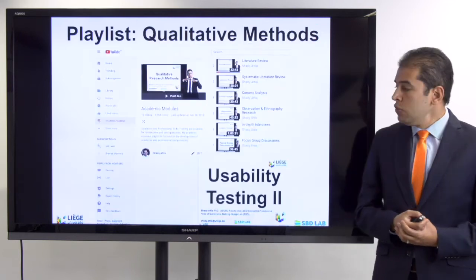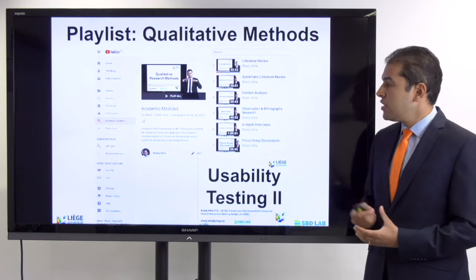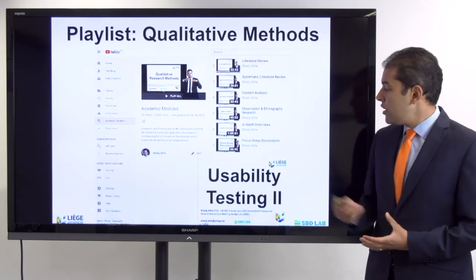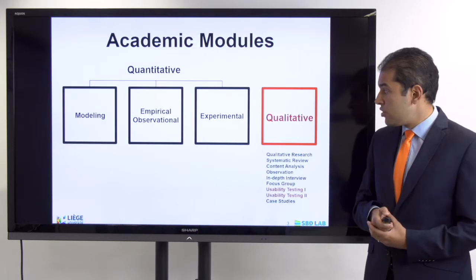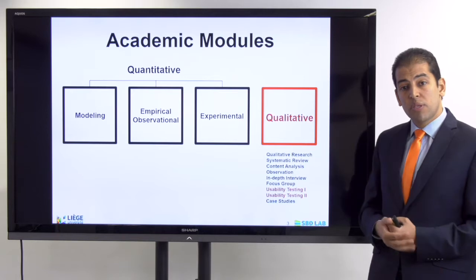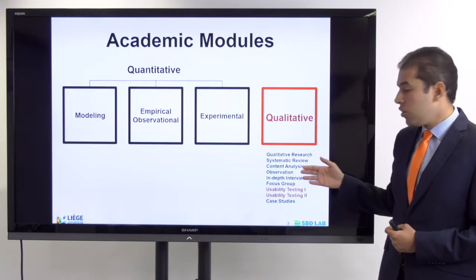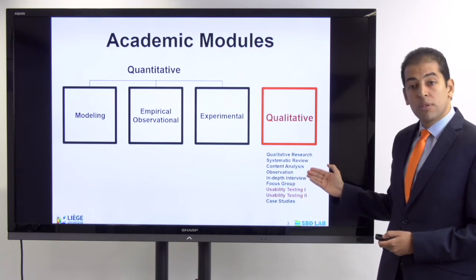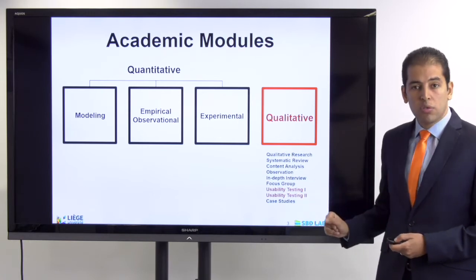This presentation, Usability Testing, is part of a wider series of presentations on qualitative research methods. It is a follow-up of previous presentations, and it will have a follow-up presentation. Previously we talked about qualitative research, systematic review, content analysis, observation, in-depth interviews, and focus groups, and we will have two presentations on usability testing.